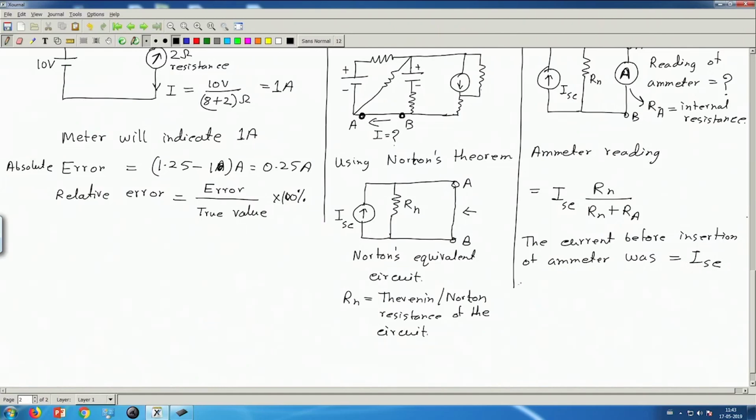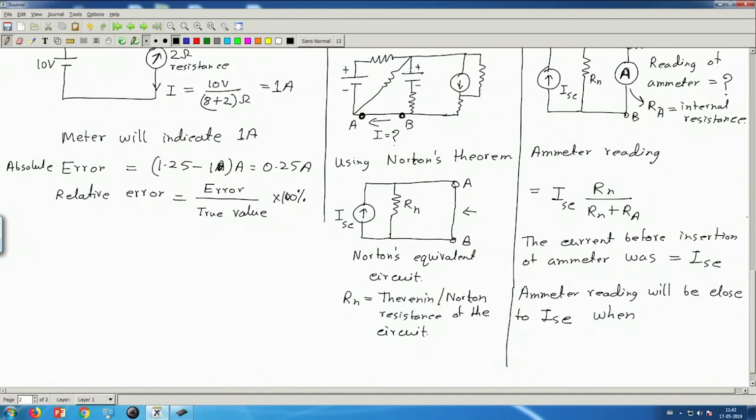So, now the ammeter reading, we want this to be close to ISC or same as ISC ideally. The ammeter reading will be close to ISC, that is the actual current that was flowing before the insertion of the meter, when this factor is close to 1. Now, when will this factor be close to 1?